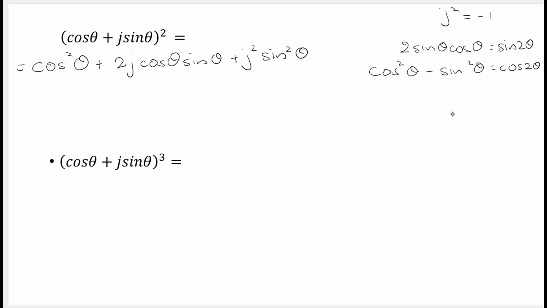Remembering j squared is -1, this becomes cos squared theta minus sine squared theta plus, and I'm going to put the j right out the front now, 2 sine theta cos theta. All I've done is reorder.